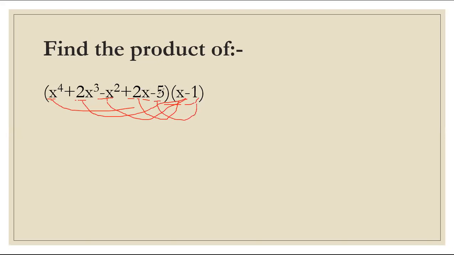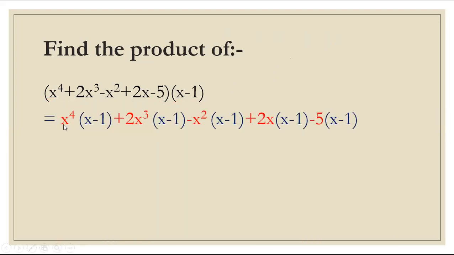Don't forget this minus sign. Okay? Don't forget this minus sign, students. Okay, Alishba, Sarfaraz, Iman, Rashid, Haris Mehboob, everything is clear? So students, here, first term, second bracket, second term, second bracket, then third term with the sign.